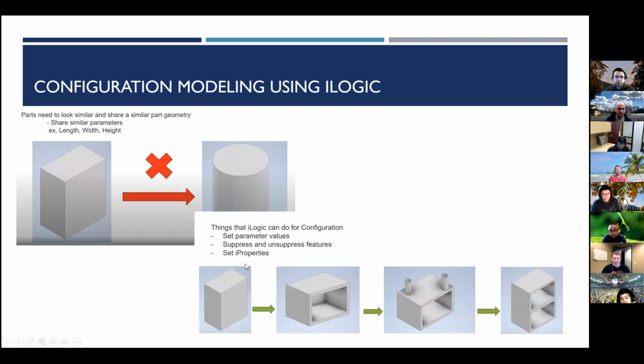What iLogic can do is, if we set a parameter value, we can suppress and unsuppress the features and set the iProperties. As you can see in this example, we have a rectangle or a cube, and then we can add a notch inside, add 2 tubes on top, or even create another part above that part. So we can drive those parts with iLogic on Inventor.